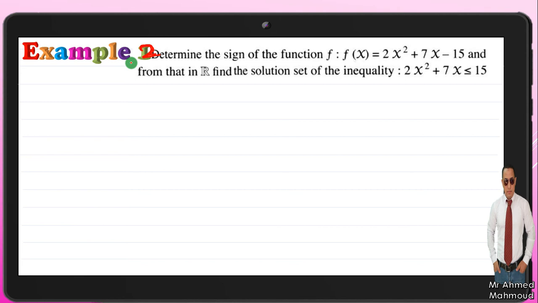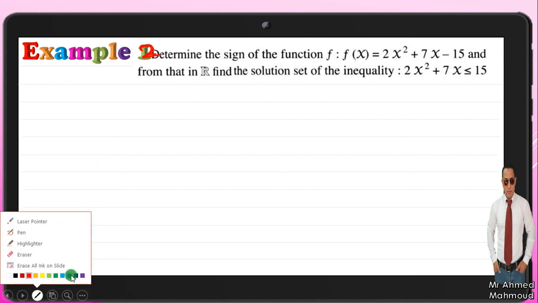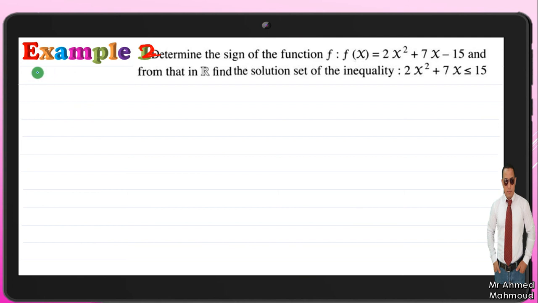Okay, to determine the sign of this function, I'm going to solve f of x: 2x power of 2 plus 7x minus 15 equals 0. So x equals negative 5 and x equal 1.5.